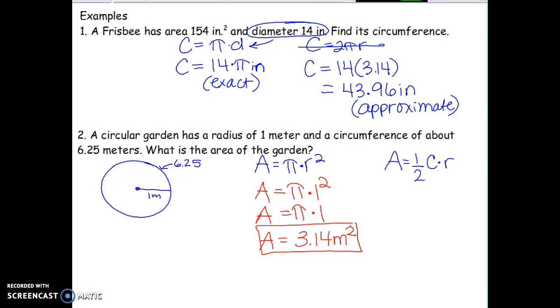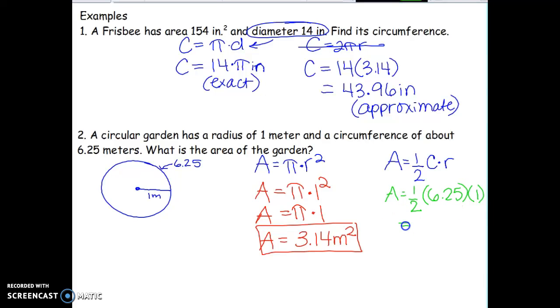All right, if we do it the other way, using the modified polygon formula, we get A is equal to 1/2 times the circumference, 6.25, times the radius, 1. So if we multiply all these together, 6.25 times 1 is 6.25.